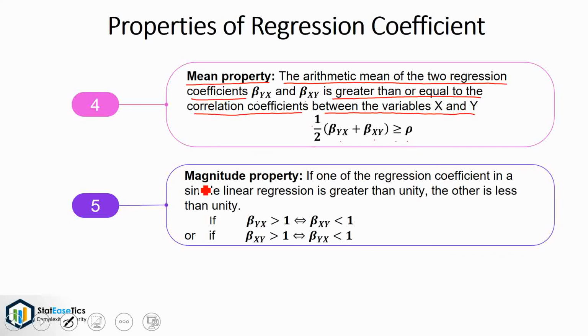The fifth property is magnitude property, which tells that if one of the regression coefficients in a simple linear regression is greater than unity, the other is less than unity. That is, if beta yx is greater than 1, then beta xy is less than 1. Or if beta xy is greater than 1, then beta yx is less than 1.